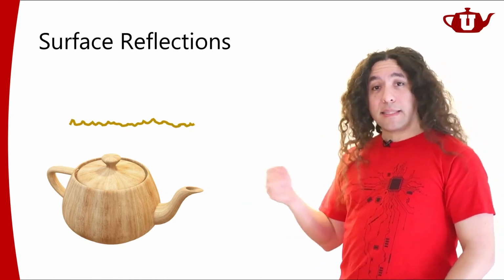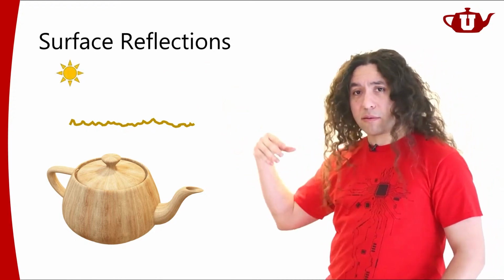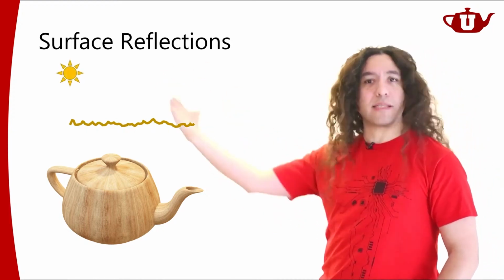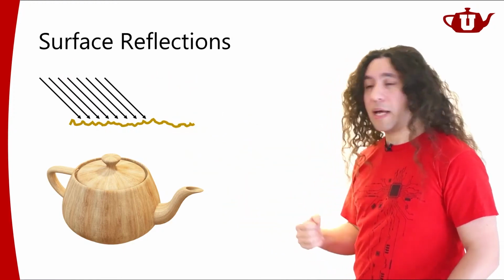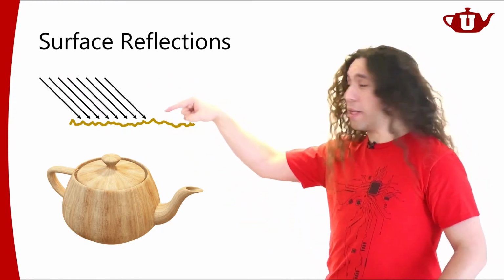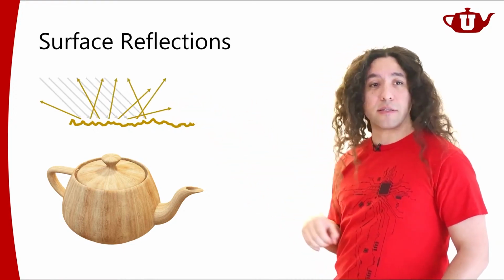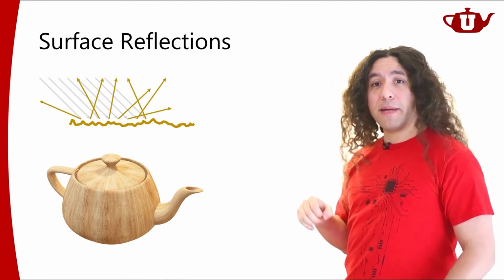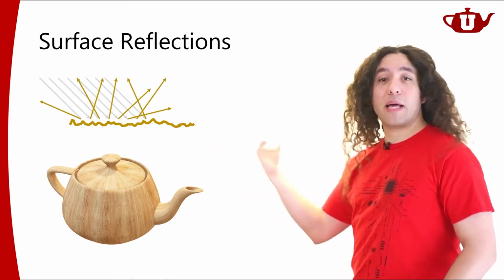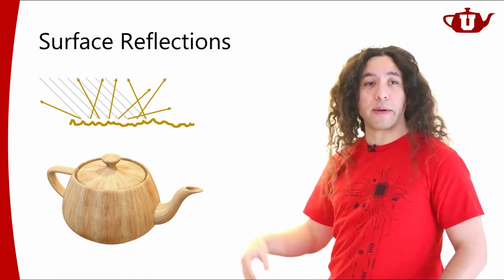So in the end, if we have a diffuse material, what's going to happen is that when we have light coming from a light source, a beam of light coming from the light source, that light, depending on what exact point it hits on the surface, is going to scatter in different directions, right? And if we have a diffuse material, that means that the scattering is going to be more or less uniform in all directions.